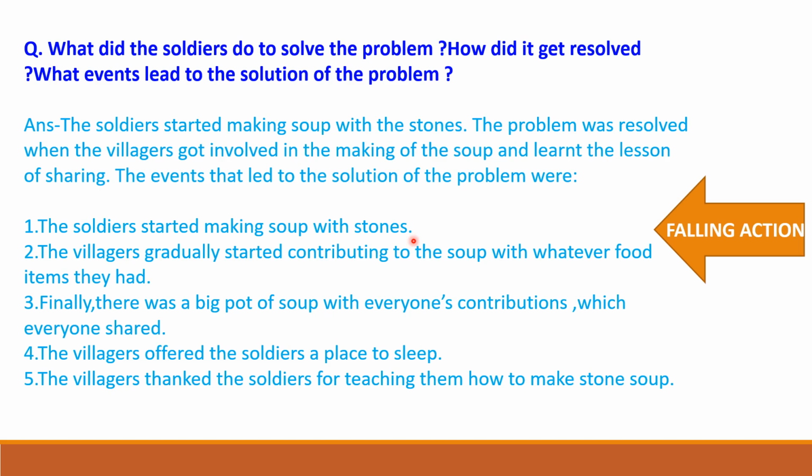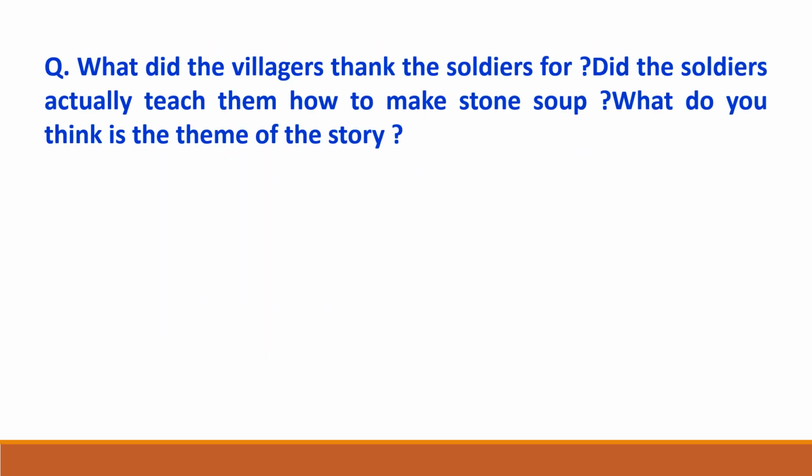When we come together and we share things, we can solve any problem. Okay, and that's why these things that solve the problem are known as falling action. Correct? Let's find out one more question.